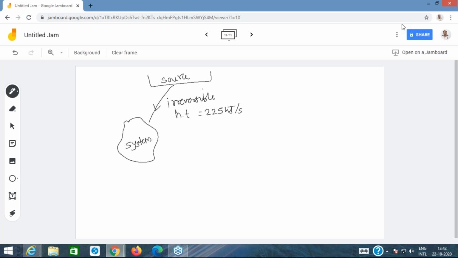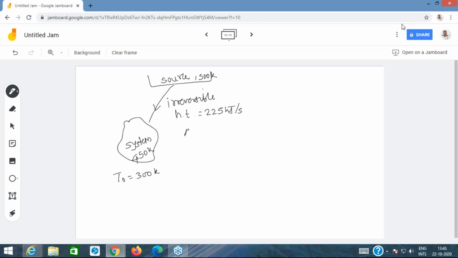And we say that the system remains at 450 Kelvin and the source remains at 1500 Kelvin. Okay. And the dead state temperature is 300 Kelvin. Okay.